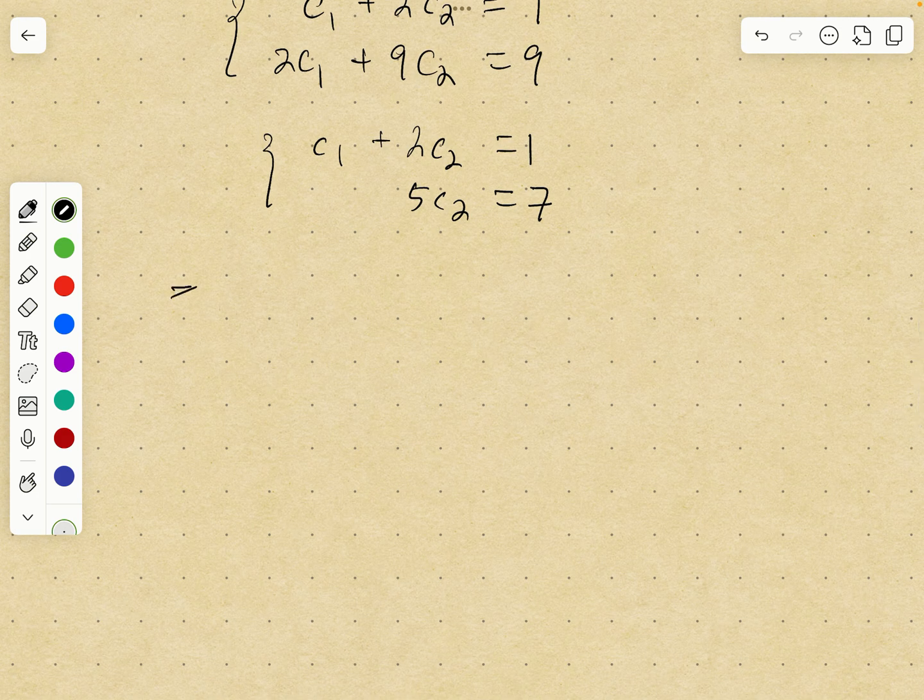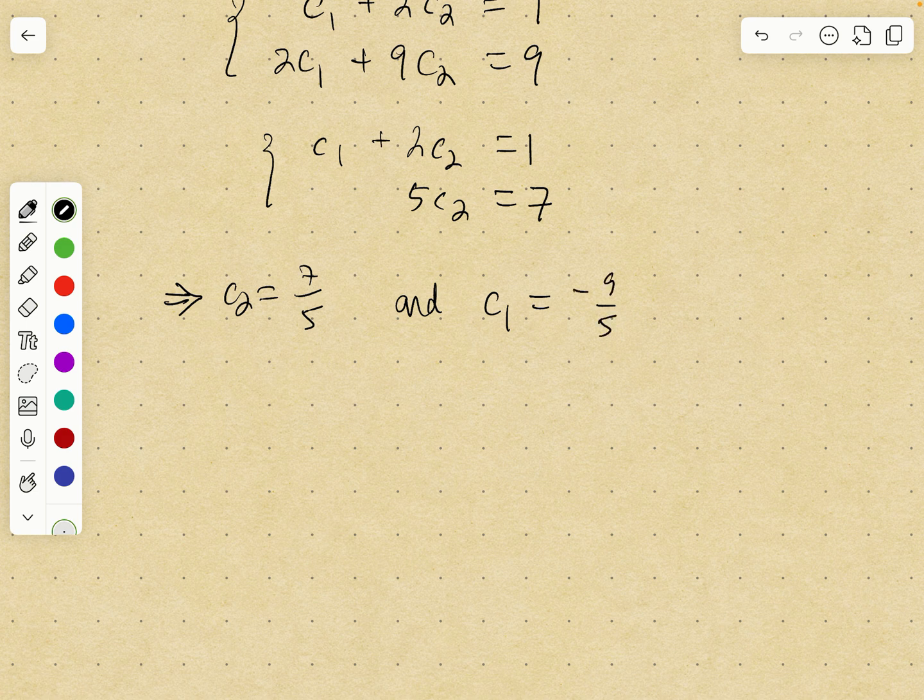And therefore, c2 is going to be 7/5. And c1, when you plug it back into the first equation, you get negative 9/5.